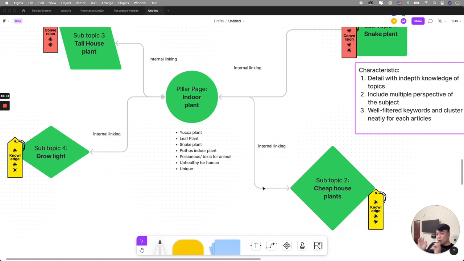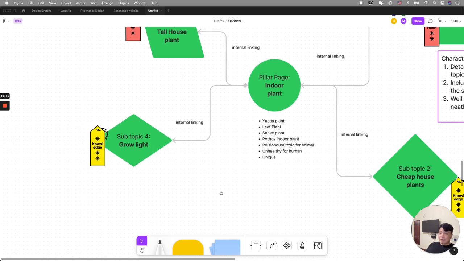Because if you do knowledge, then you can do a second level of topic discovery. For example, grow light has about 14,800 search volume per month total. Maybe I should explore this as another subtopic in topic discovery.